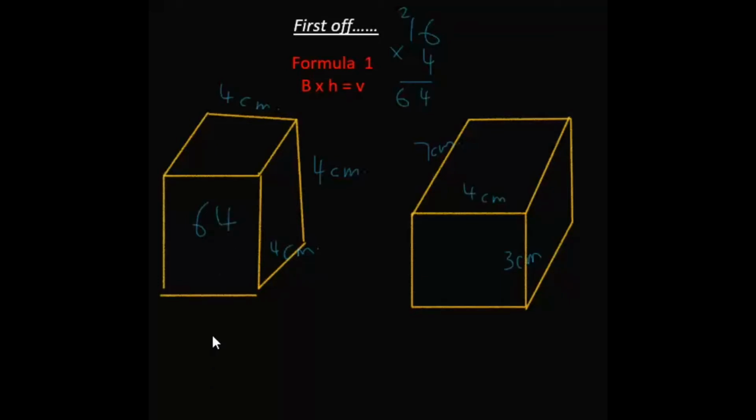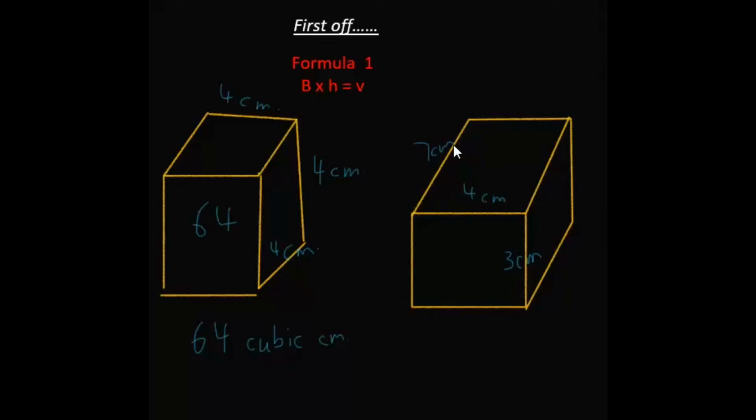So let's put down the volume right here as our final answer. 64 cubic centimeters. Remember, you always have to put cubic before your unit of measurement because you're finding volume. So let me erase this and let's do the next problem.